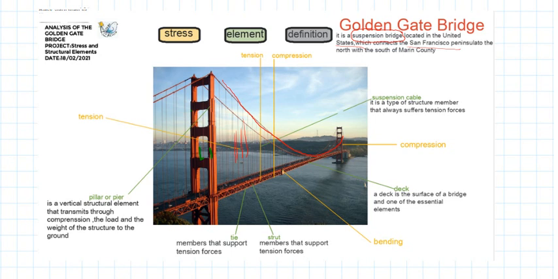Of course, suspenders or suspension cables are always working under tension, and the towers under compression, and the deck, that is this one, okay? The platform, you can say also platform of the bridge, is working under bending.